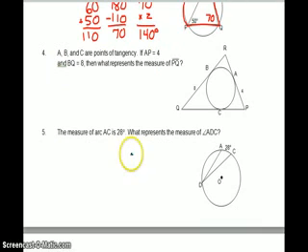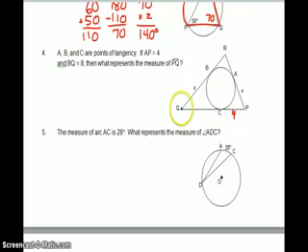Number 4. A, B, and C are points of tangency. If AP equals 4, and BQ equals 8, then what represents the measure of segment PQ? Okay, well if these are points of tangency, that means that the distance from P to A is going to be the same as it is from P to C, so that'll be 4.